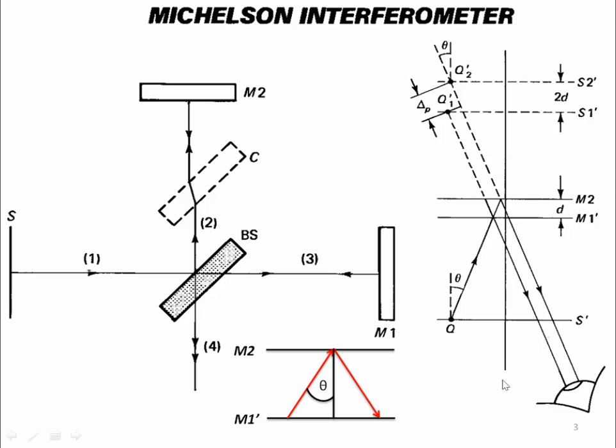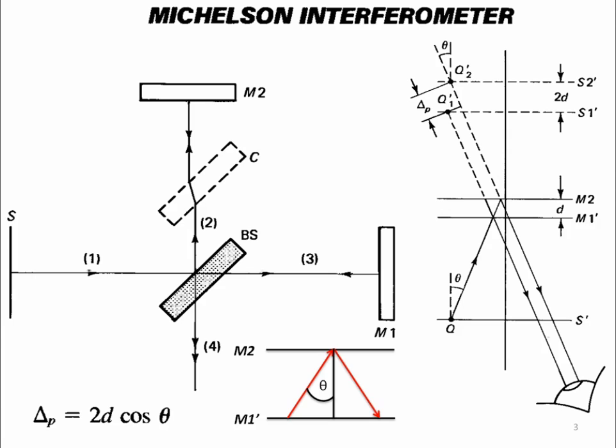Ideally, if I am observing the pattern in a very small region around this axis, theta is close to 0. So that is another thing which decides the value of theta. That's what we are going to see shortly. So let us first obtain the path difference.